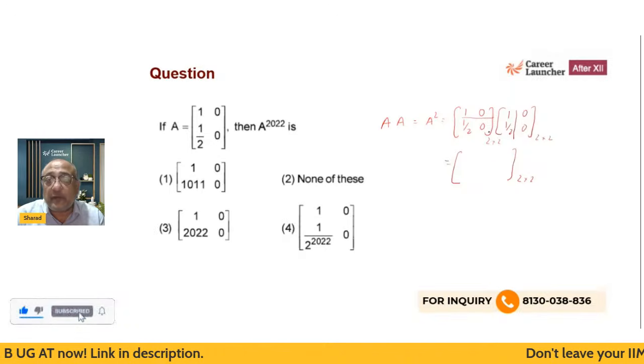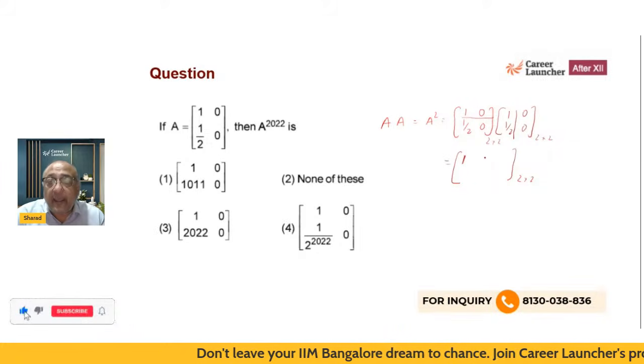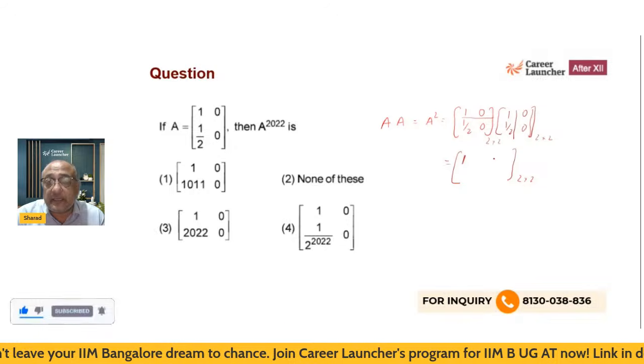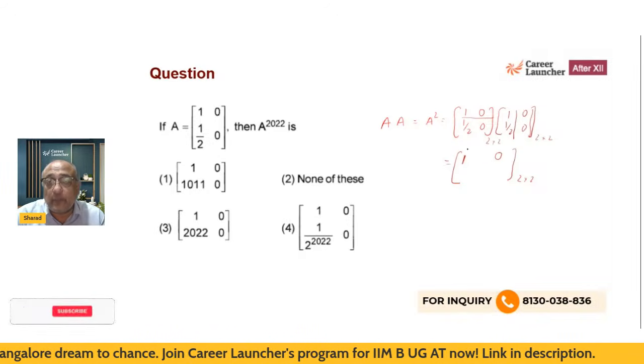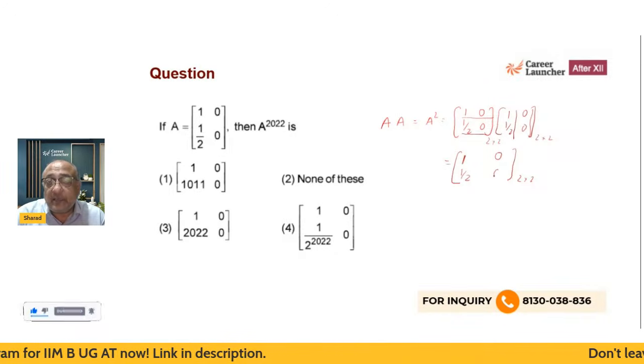Now the first row and first column corresponding elements are getting multiplied. The answer here is 1. What will be the first row, second column? Let's pick the second column. The value here is 0. Let's take the second row and first column. The value is 1 by 2, and it is 0.